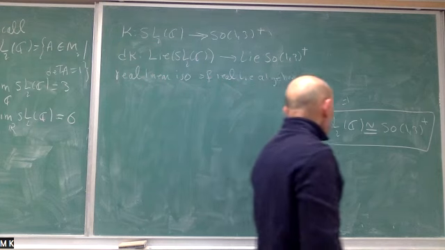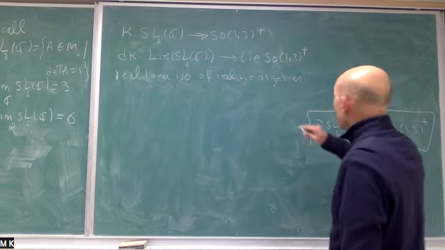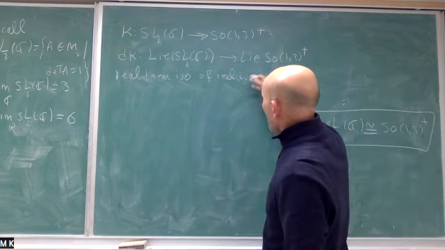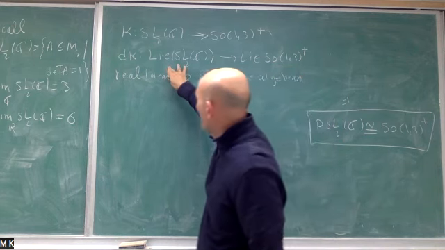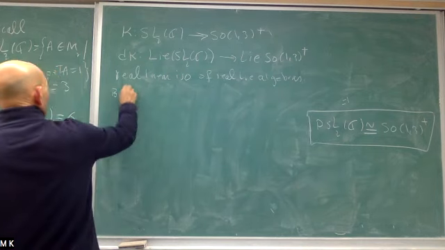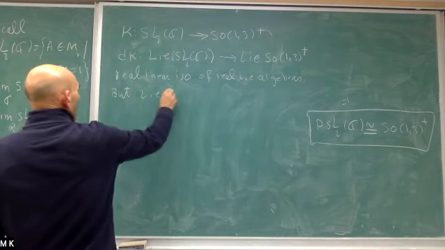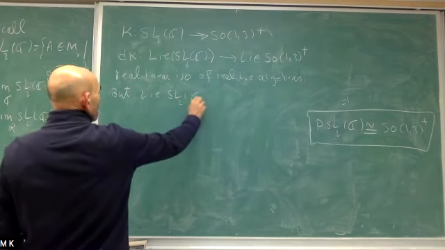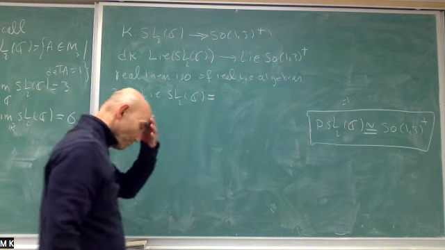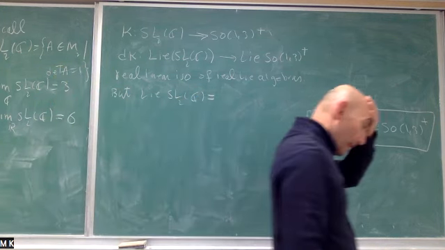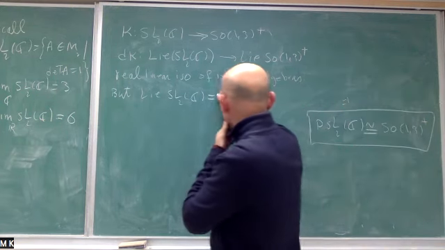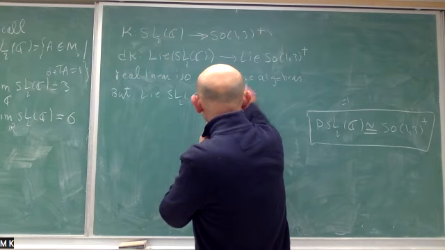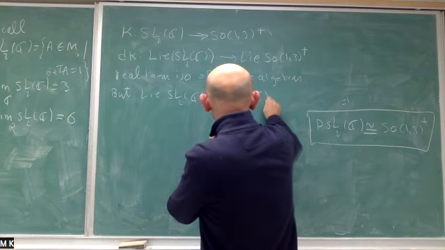Okay, so now we know what this Lie algebra is. As a real Lie algebra, it is isomorphic to sl(2,C).